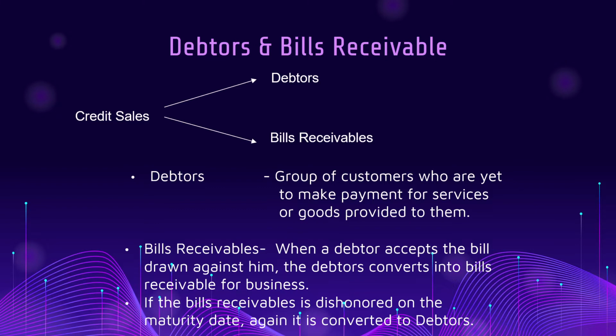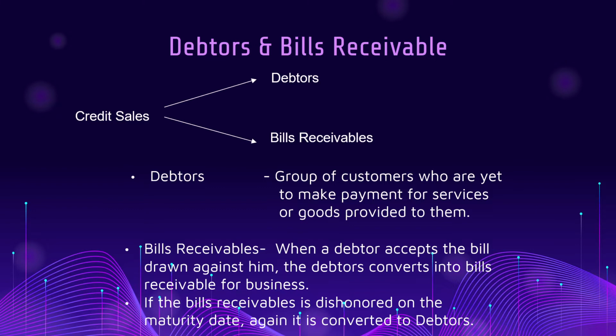And when the business sells goods on credit, it also requires money. So the business will draw a bill on the debtors. When a debtor accepts the bill drawn against him, the debtor converts into bills receivable for the business. Why is the business drawing bills on the debtors?